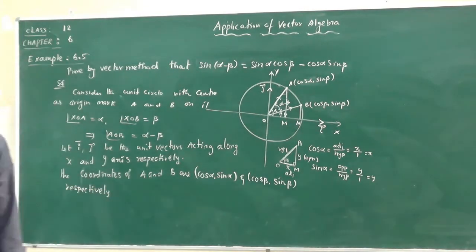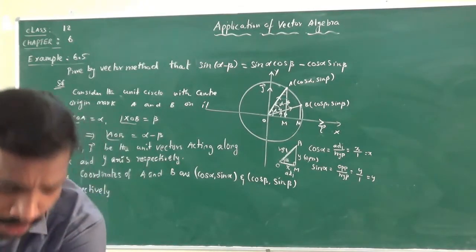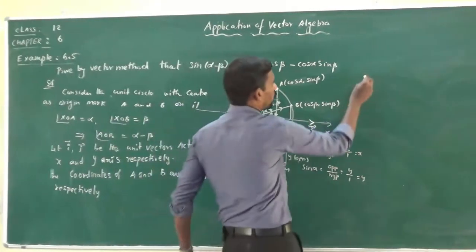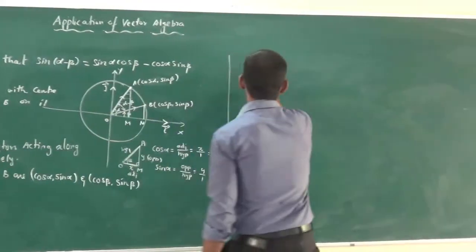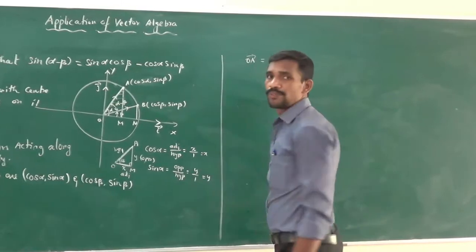Now, I am going to find the angle between two vectors. Now, I want to write the OA vector.